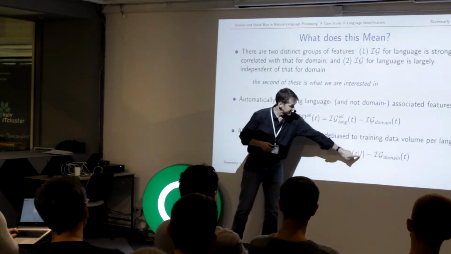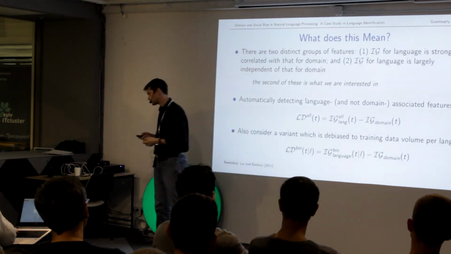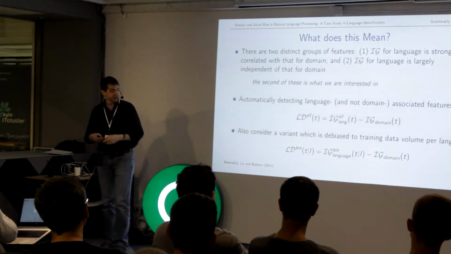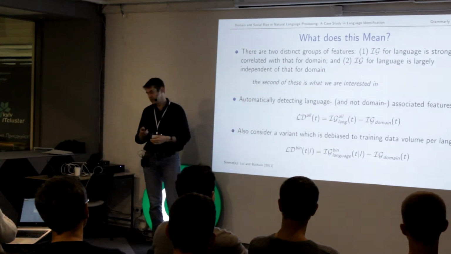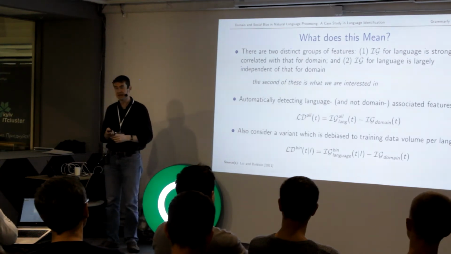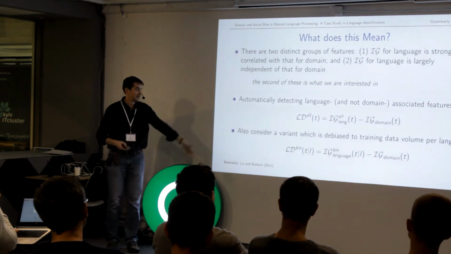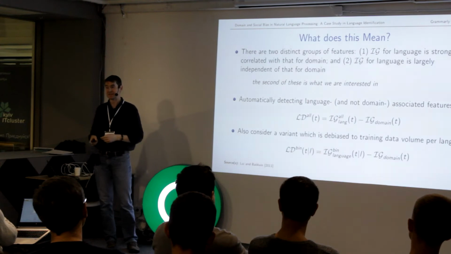So we're conditioning on the language, and we'll subtract the domain information gain from that. Then we'll take the top n per language. There may be some overlap in those, probably not a lot though, and that's going to be the basis of our feature selection. So this is, I guess, pre-deep learning, old school explicit feature selection that we're doing here.